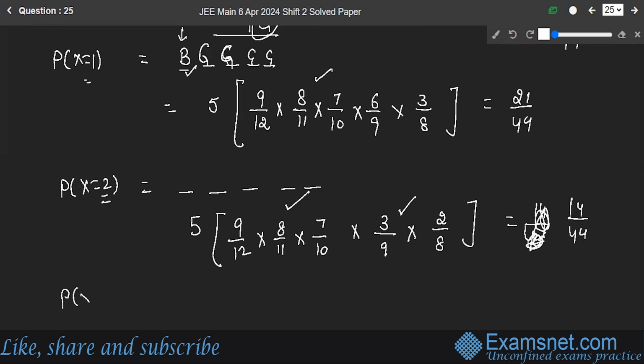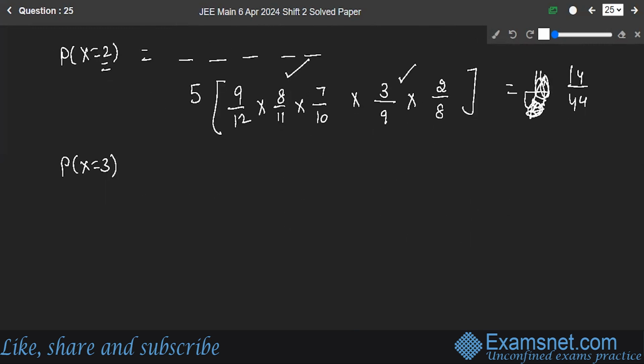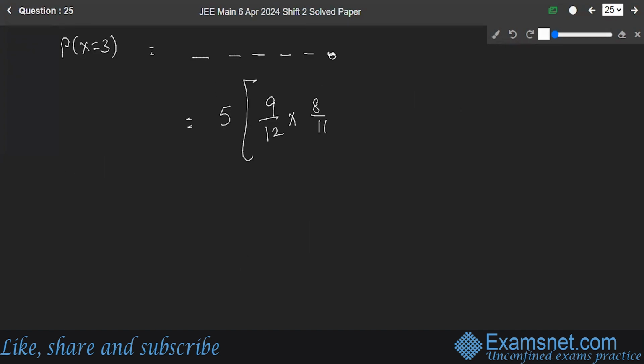Now let's say 3 defective. All the 3 defective items have been picked up. Again, the same thing. You have the 5 places, right? So this is equal to 5 multiplied by the first good item, second good item: 9 upon 12, 8 upon 11. Now the 3 defective items, they will be 3 by 10, 2 by 9 and 1 by 8, right?